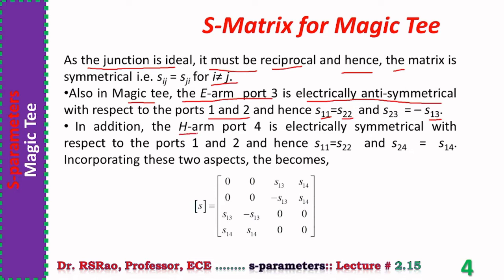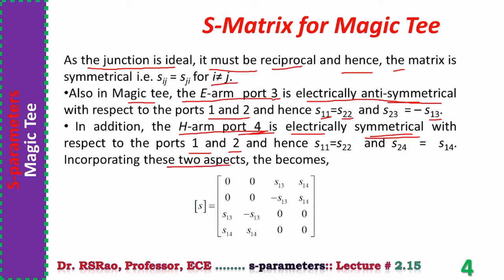Similarly, H-arm port 4 is electrically symmetrical. Port 3 is antisymmetrical, whereas port 4 is symmetrical with respect to ports 1 and 2. Hence, S24 equal to S14.